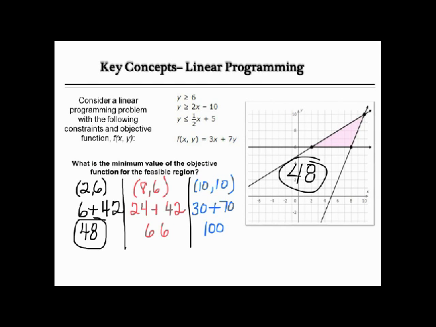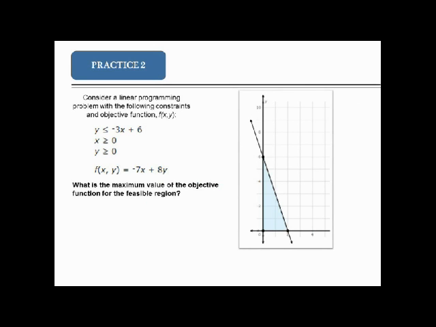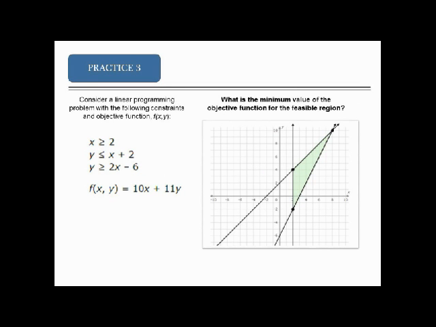So in other words, you're plugging in the x and y value of each point into the objective function, and finding out whether they want the minimum or the maximum value. Here's your practice 2. Here's practice 3.